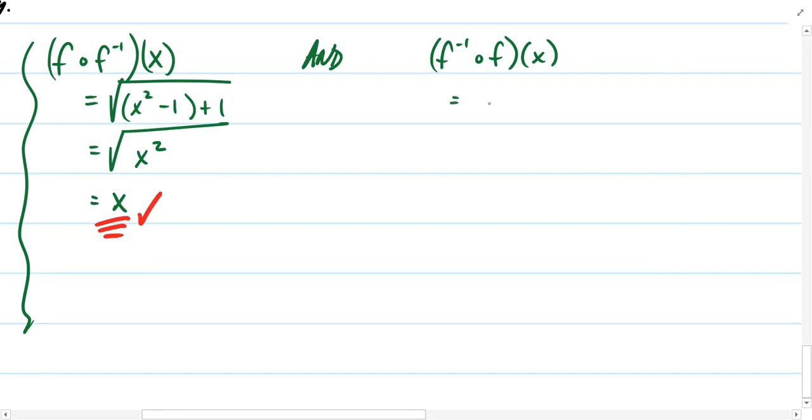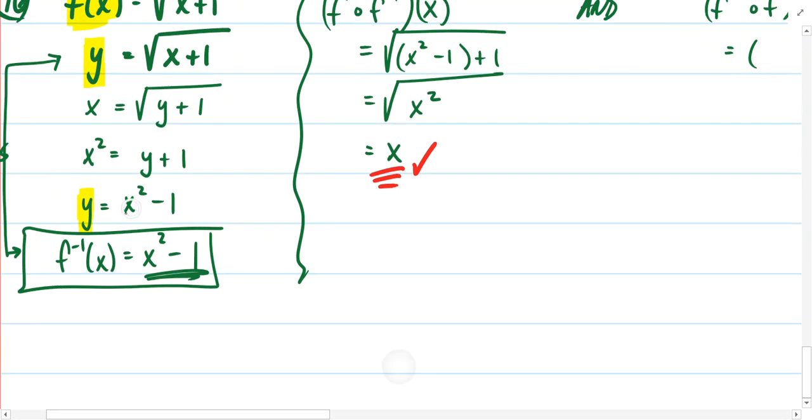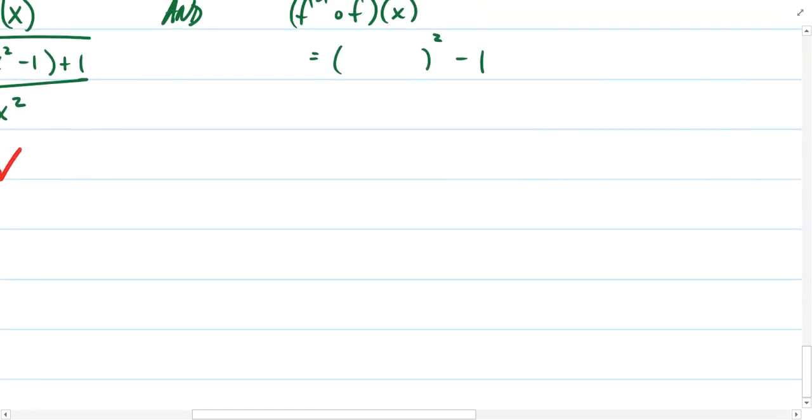So if we use f inverse as our outer function, that would be something squared minus 1. That's our outer function. The inner function happens to be the square root of x plus 1. And when simplifying this expression, well, we have the square root of a group that's being squared.